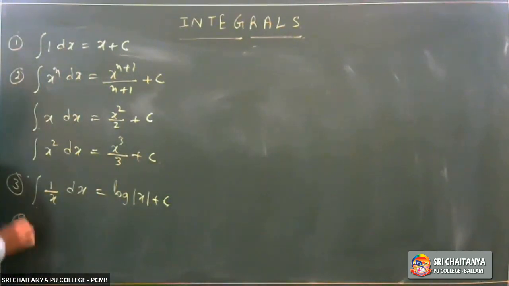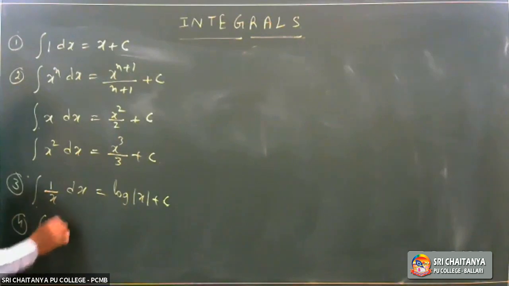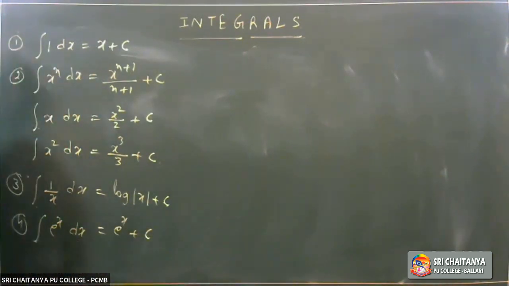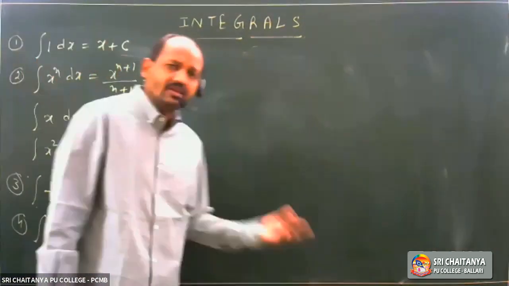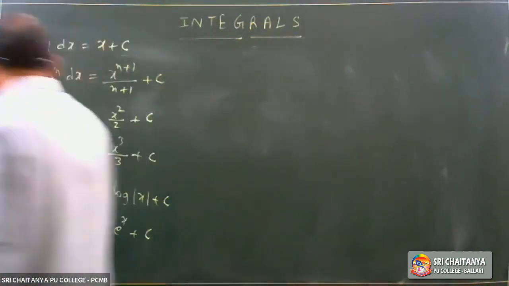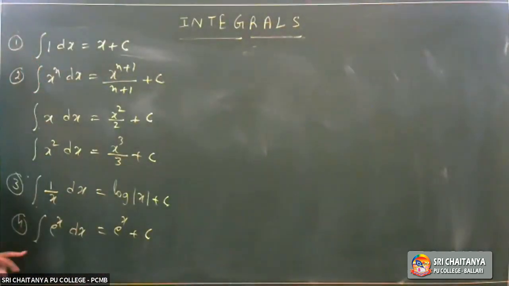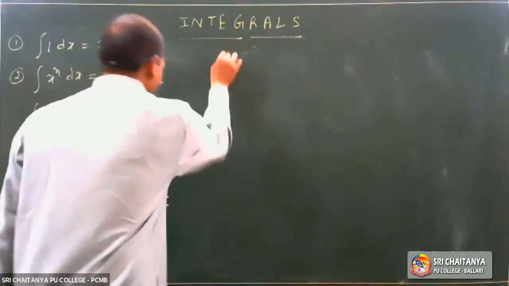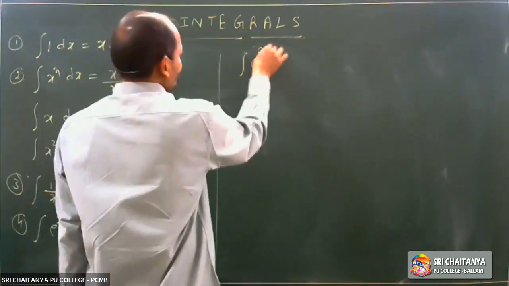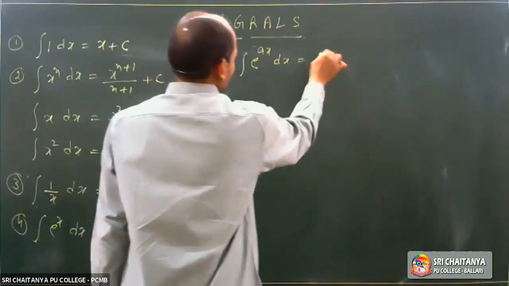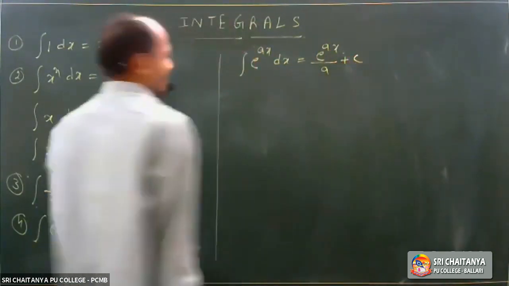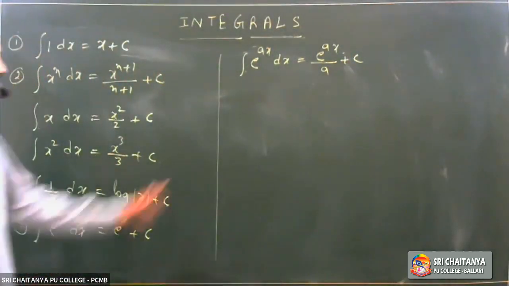Next one, integral of e power x dx. The integral of e power x is e power x, and the derivative of e power x is also e power x. So integral of e power x dx is equal to e power x plus c. Same way, integral of e power ax dx is e power ax by a plus c.